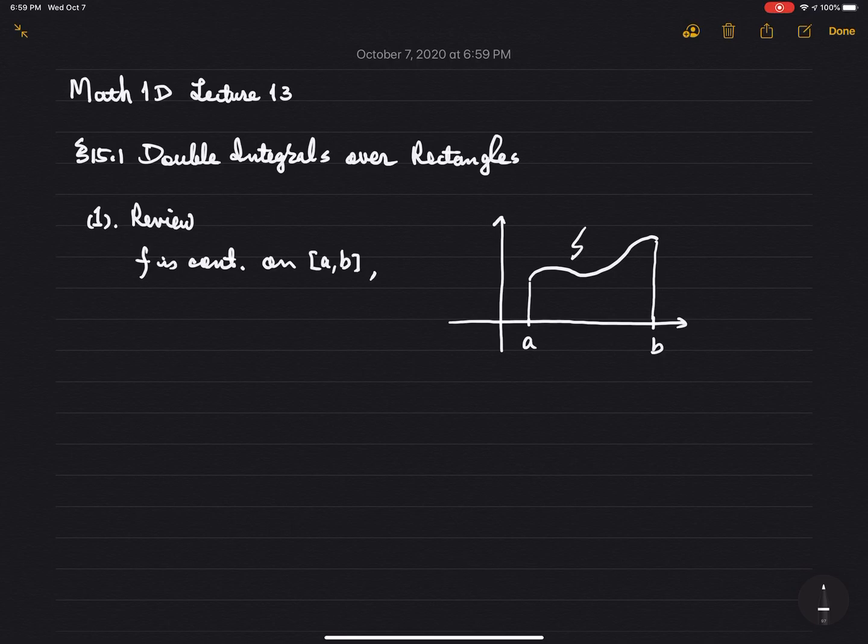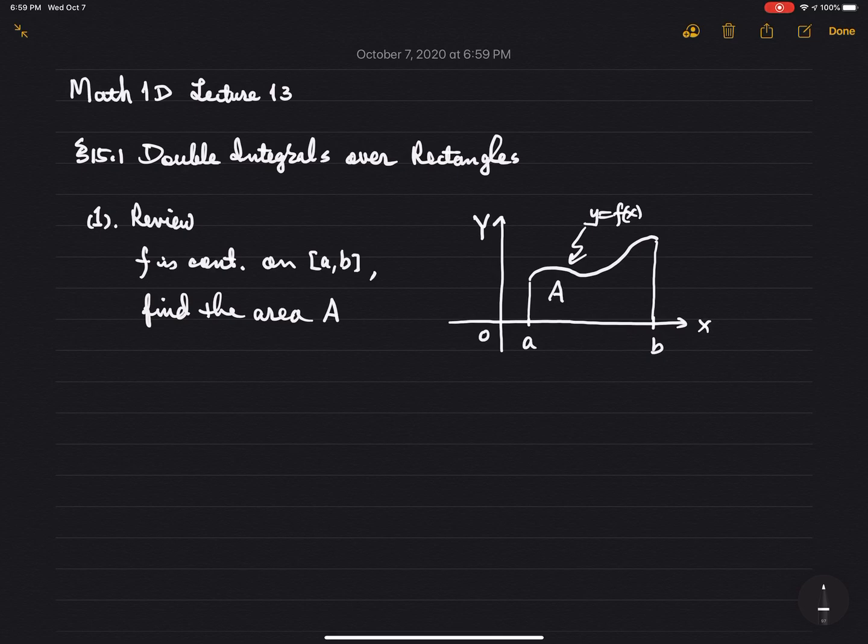So this is y equals f(x), this is the x-axis, this is the y-axis. What we want is to find the area, capital A.